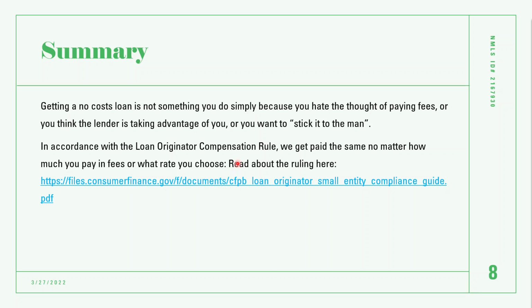You can go to consumerfinance.gov. You can type into a search engine CFPB Loan Originator Compensation Rule, and it'll take you to this spot where you can read about it, and you can see this is a federal ruling. We can't get paid based on the interest rate or fees.